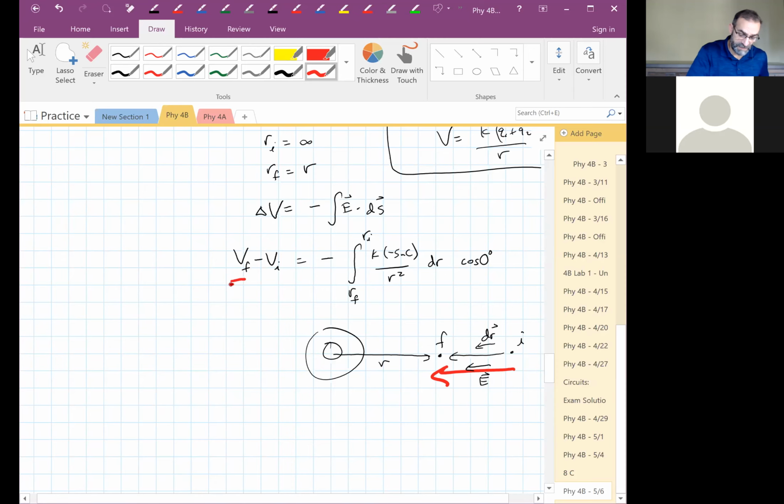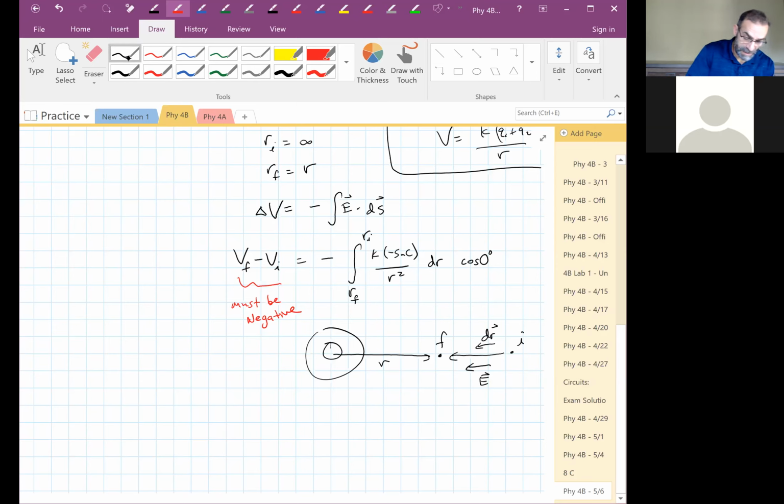So V final has to be lower than V initial, so this has to be negative. Okay, so let's do it and see if we get the answer. We know the answer already, but let's see if we get it.